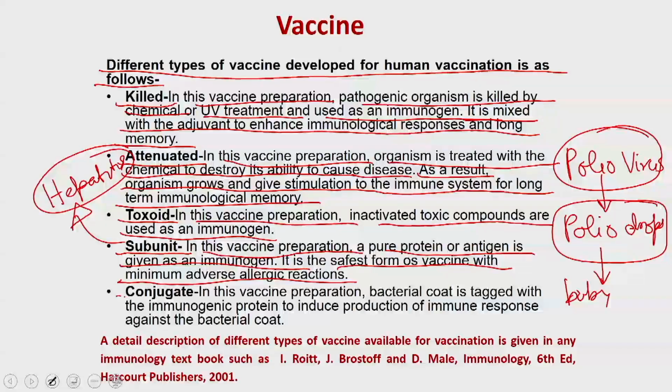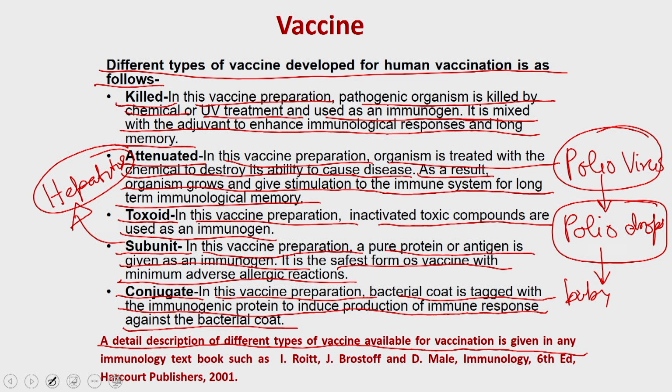Then you have the conjugate vaccine. In this vaccine preparation, the bacterial coat is tagged with an immunogenic protein to induce an immune response against the bacterial coats.